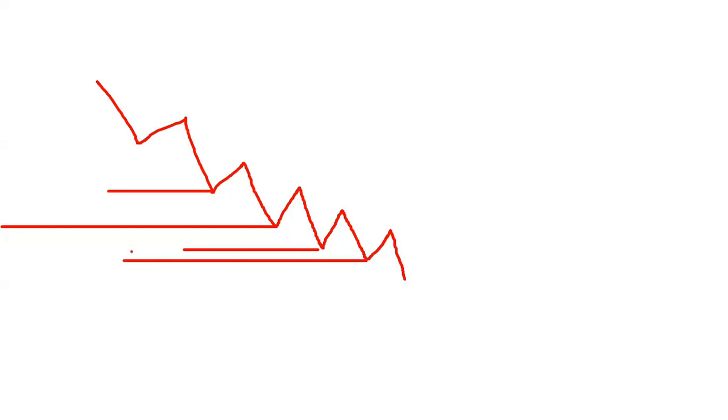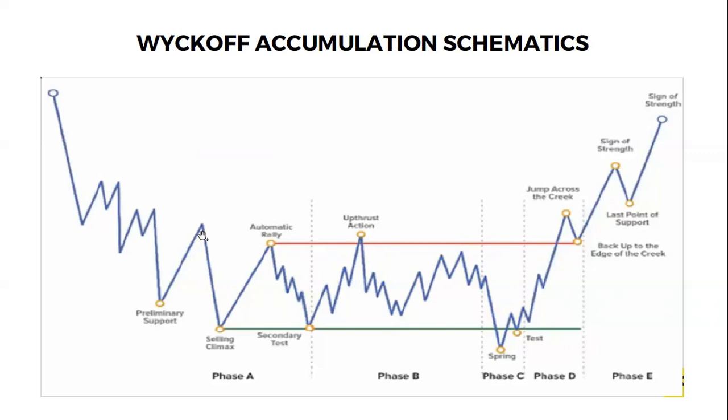The distance between the lower lows is getting shorter every single time. That's called the shortening of thrust. That's what we prefer.